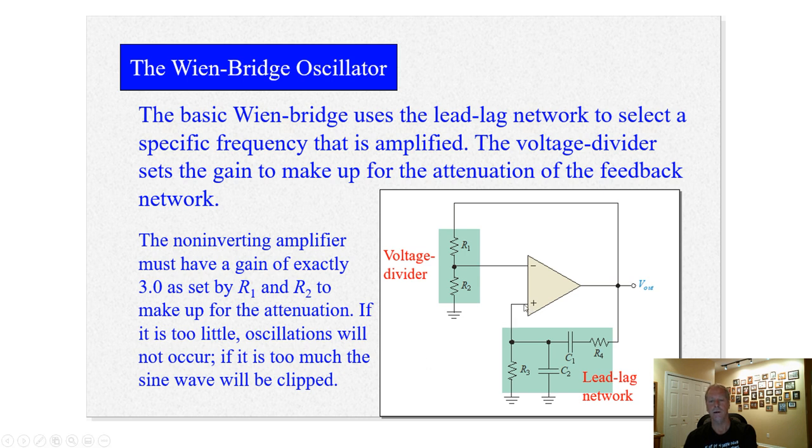Notice the feedback comes in through the non-inverting terminal, and we have a gain of 3. So the 1/3 attenuation through the Wien bridge is then amplified by exactly 3. So there we have our gain of 1. 3 times 1/3 is 1. And this bandpass circuit only supports oscillation at the 1 frequency.